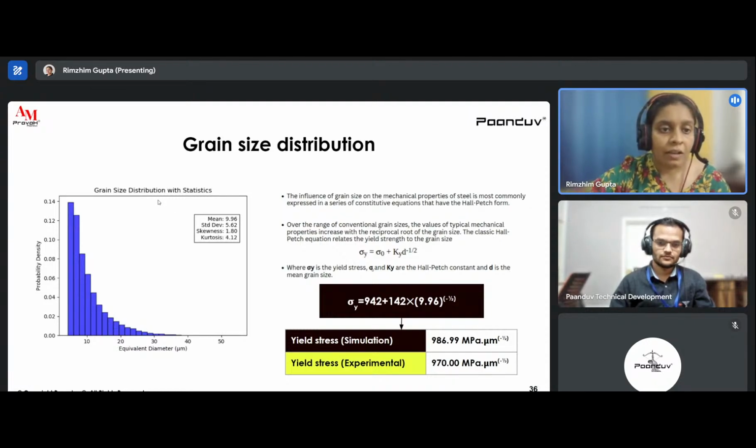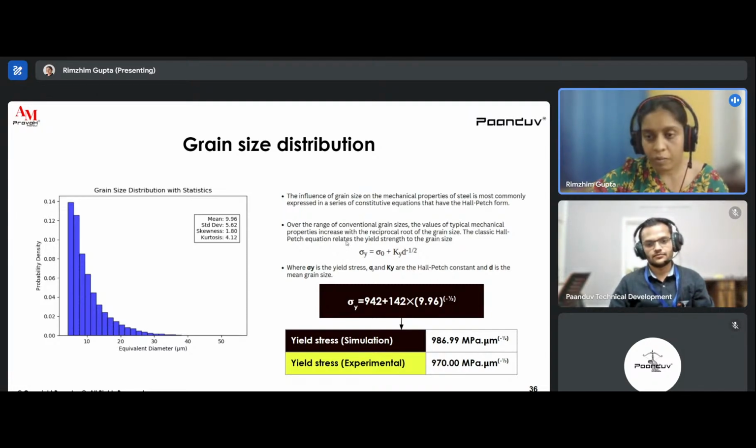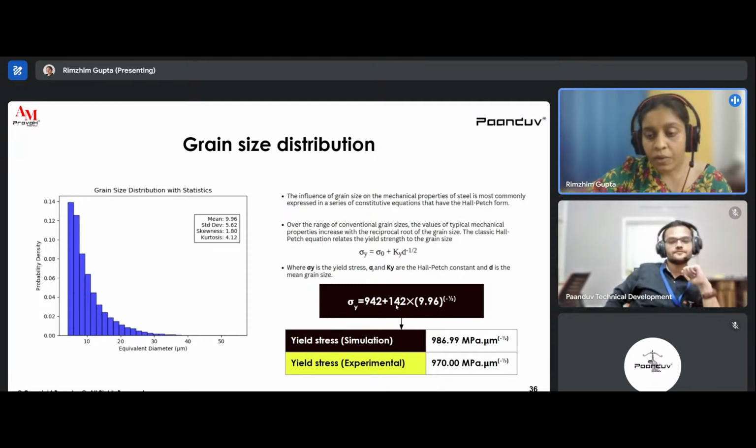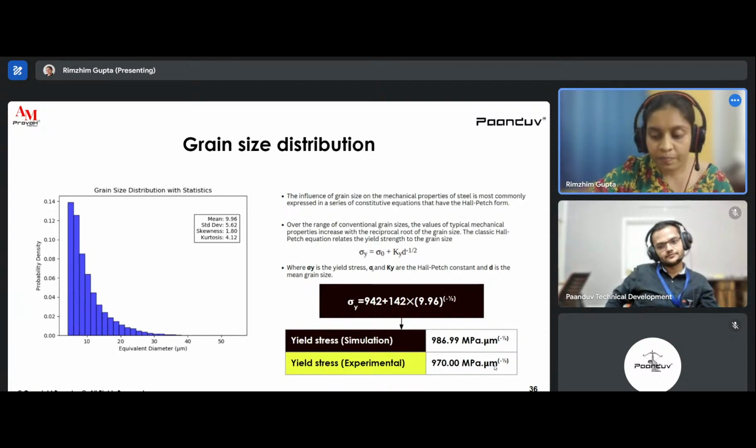We can also further analyze the grain size distribution for this particular system, and here we have got the grain size of around 9.96 micron when we use the Hall-Petch equation, which is an analytically proven formulation for getting the yield stress, hardness, fatigue, etc. When we put this number into this formulation for Ti-64, we get the value of 986.99 megapascal micrometer to the power minus half, whereas we have compared these values to the experimental value, which comes to be around 970.00 megapascal micrometer to the power half.